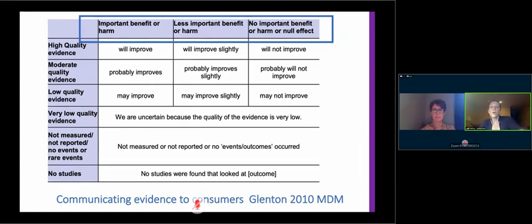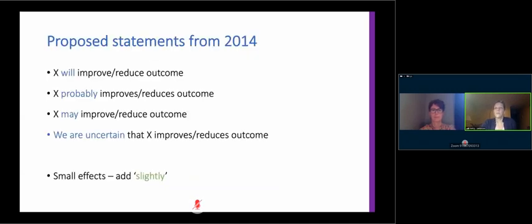You can go along the top for the size of the effect, and then along the left-hand side, you would determine what your certainty in the evidence was. And basically what it amounted to was the proposed statements in 2014 when they came out: the intervention will improve, the intervention probably improves, the intervention may improve, and we are uncertain.